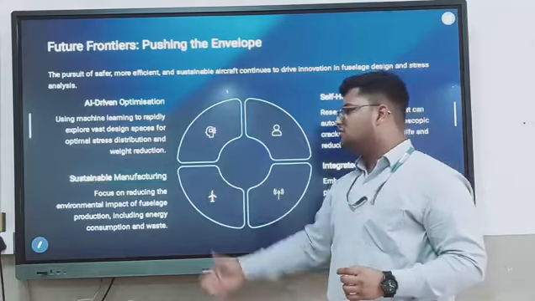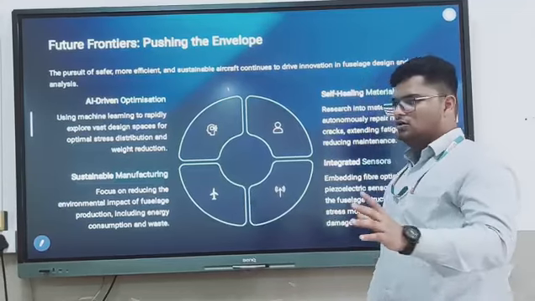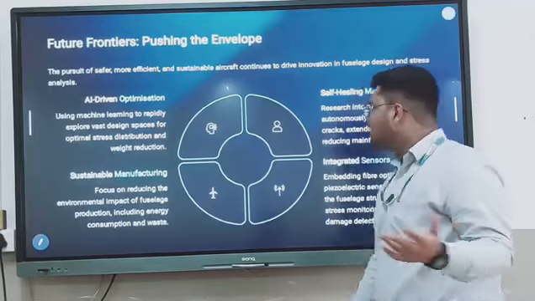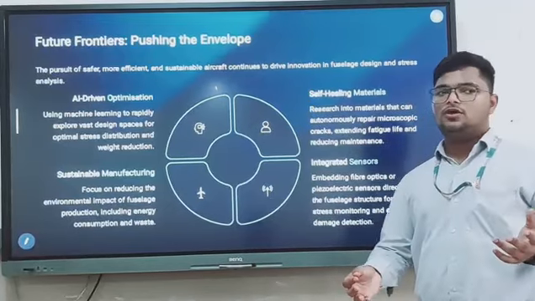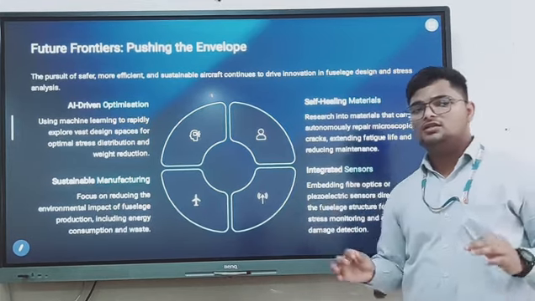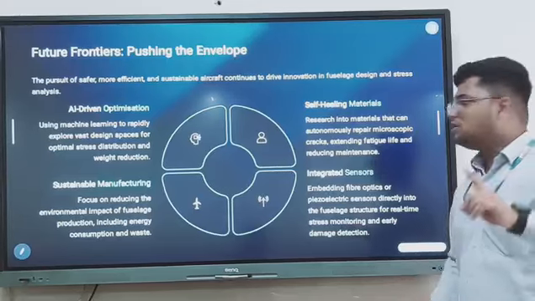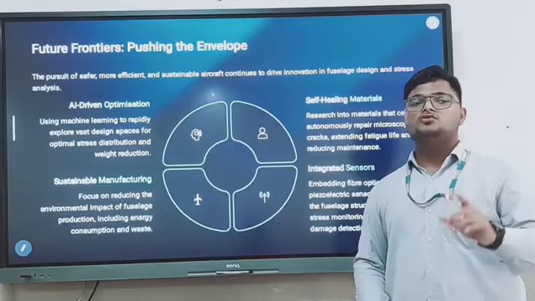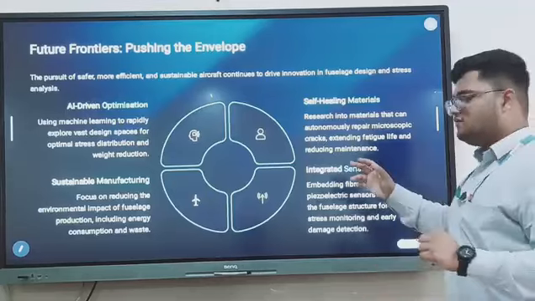Then we have sustainable manufacturing, where we can reduce the environmental impact of the fuselage and use a polymer that doesn't harm the environment. Then we have self-healing materials. There is research going on these materials, which can heal the microscopic damages that happen on the aircraft, which will be the most beneficial thing because it will reduce maintenance. It will be a very big impact on aeronautic industries.